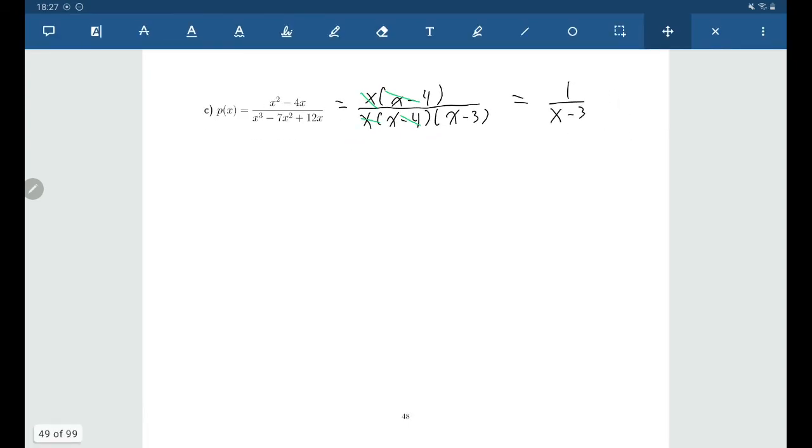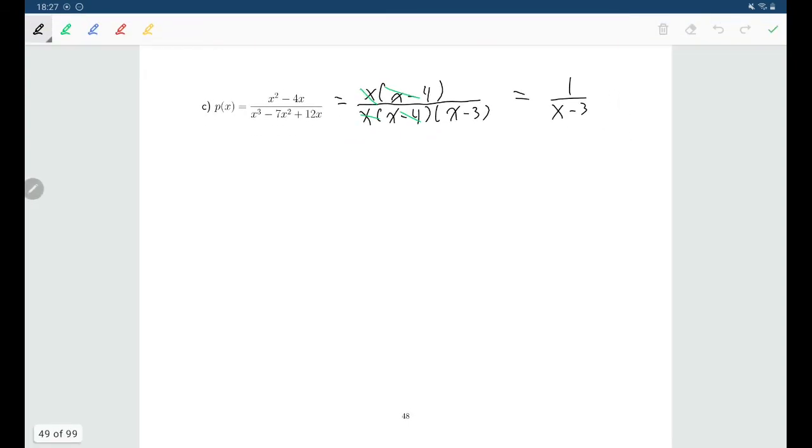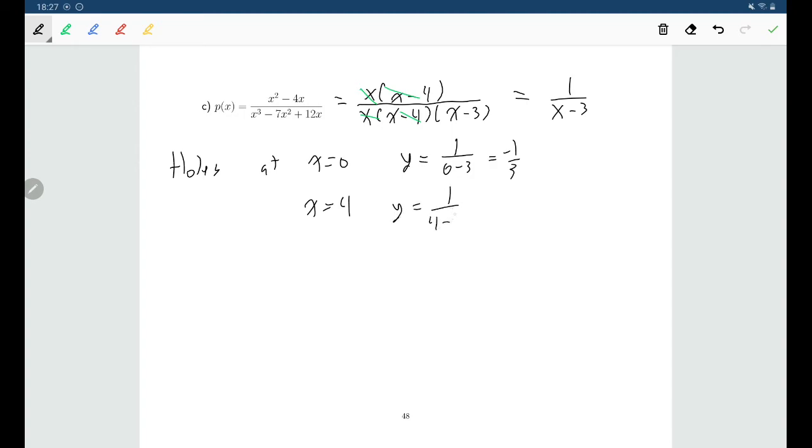And so there's a bunch of things that we can say right away. Number one, we're going to have holes at x is 0 and at x is 4. And we can find out the y values for those. Y value of -1/3 and y value of +1. So we have 2 points that are going to be holes on our graph, (0, -1/3) and (4, 1).